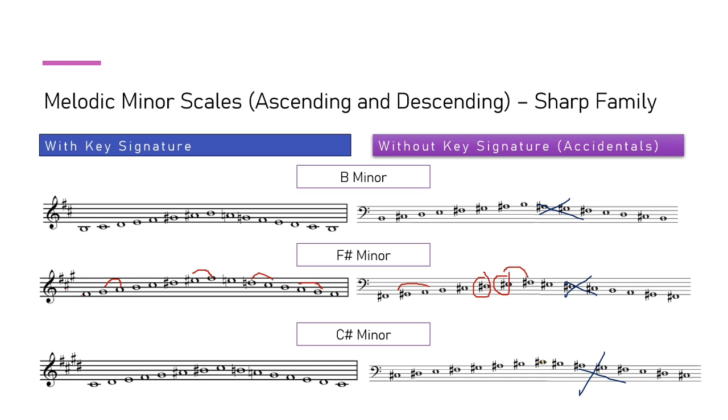Now, for the descending, what you simply need to do is rewrite everything, and when you get to this point, this one here, you add a natural sign, as well as this one here, to show that you are removing the sharpened 6th, and you are naturalizing the sharpened 6th and sharpened 7th. That's the only difference.